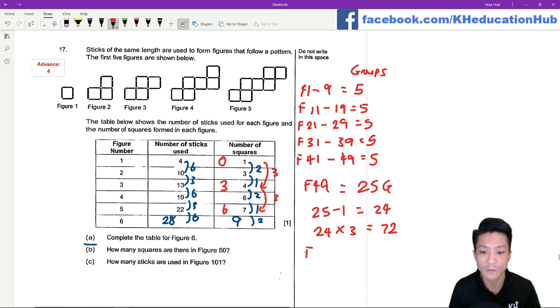Okay, if I want to find figure number 50, that will be jumping from an odd number to an even number, which means that I need to plus 2, right?